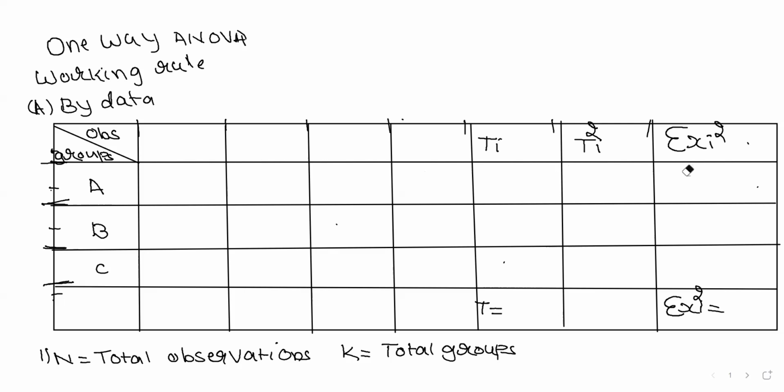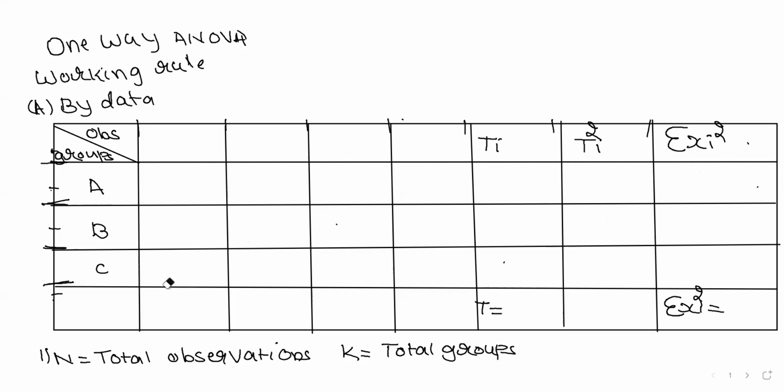That is the summation of xi square. And the B values are here: this plus this plus this plus this equals the Ti value. And the Ti square value you write here. And now the square of this plus square of this plus square of this plus square of this, adding them gives the summation of xi square.